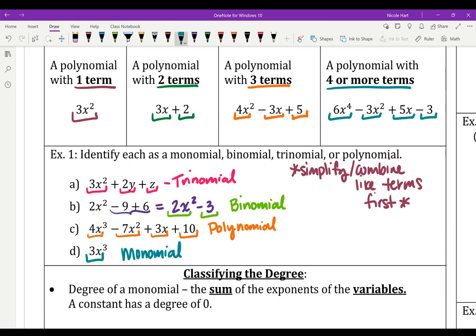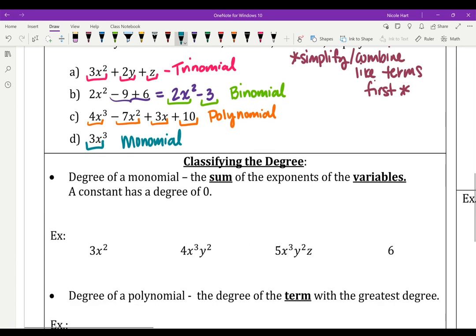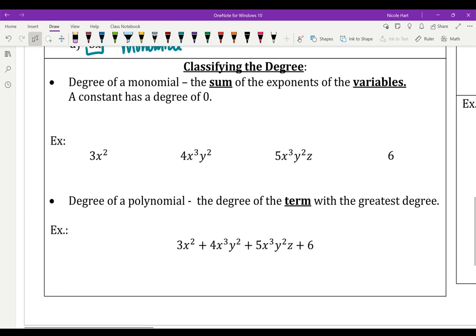Okay? So that's classifying by how many pieces there are, how many terms, and then we are going to classify by the degree. So classifying by the degree has to do with the exponents, or the little numbers.